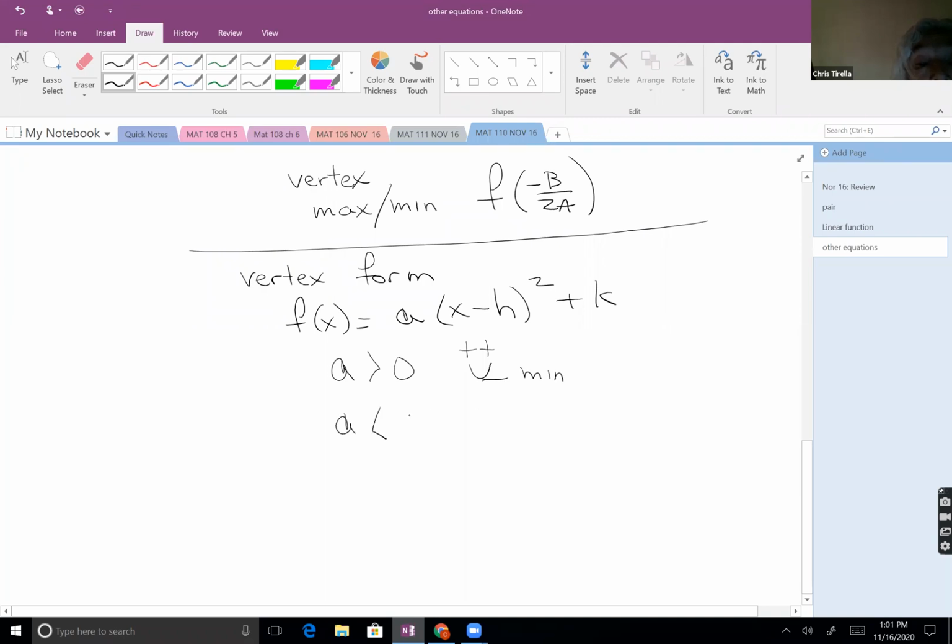If a is negative, it opens downward and we have a maximum. But here, our vertex is the point hk, where h is what we're subtracting from x, and k is what we're adding at the end, so that the axis of symmetry is the line x equals h, and the minimum or the maximum value is that number k.